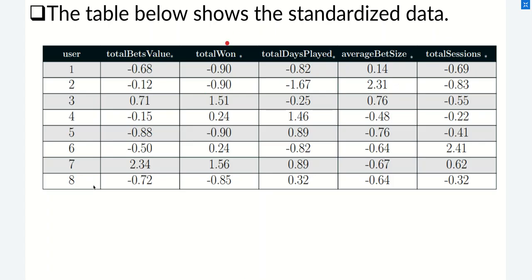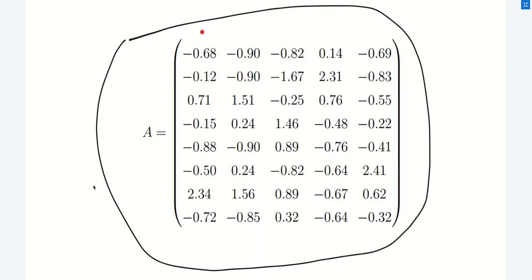So here we have 1, 2, 3, 4, 5. Then we also have our users: user 1, user 2, user 3, user 4, user 5, 6, 7, 8. Now, when you are dealing with principal component analysis, you can use any matrix decomposition.